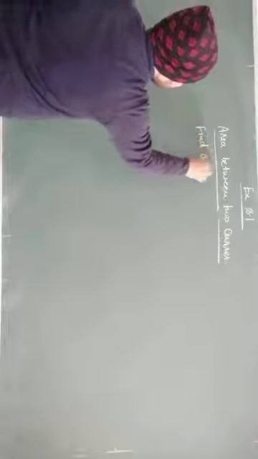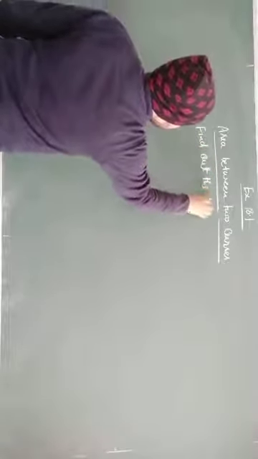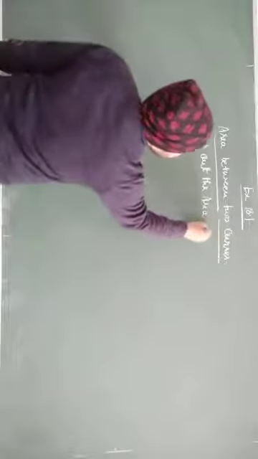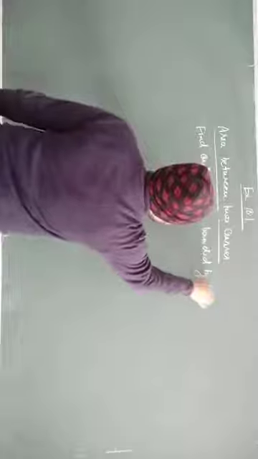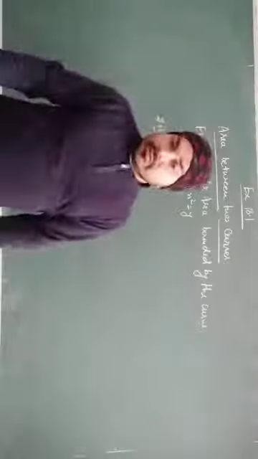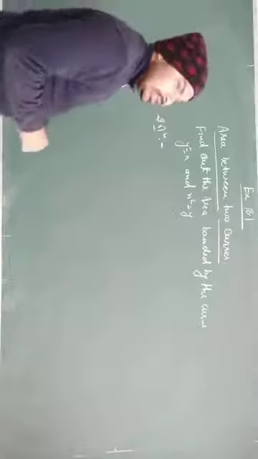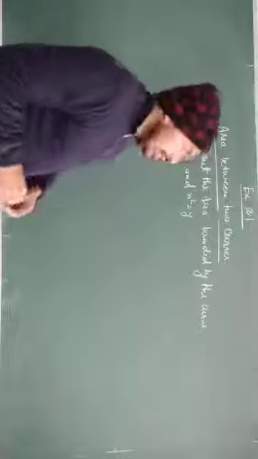Find out the area bounded by the curves y square is equal to x and x square is equal to y. So we have two curves, y square is equal to x and x square is equal to y, and we have to find out the area of the sided region or the area bounded by these curves.